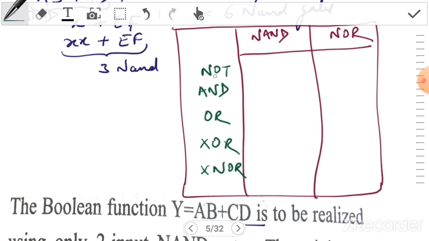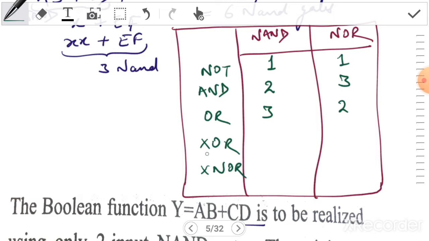So to realize a NOT gate using NAND gates, we require only one NAND gate and one NOR gate. To realize an AND gate, we require 2 NAND gates and 3 NOR gates. To realize an OR gate, we need 3 NAND gates and 2 NOR gates.